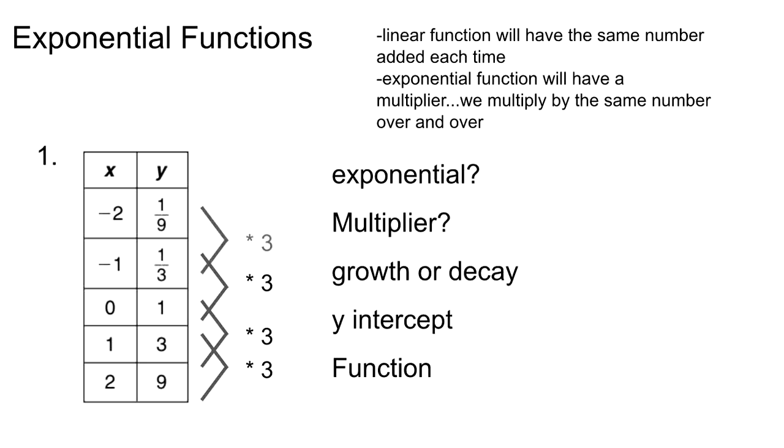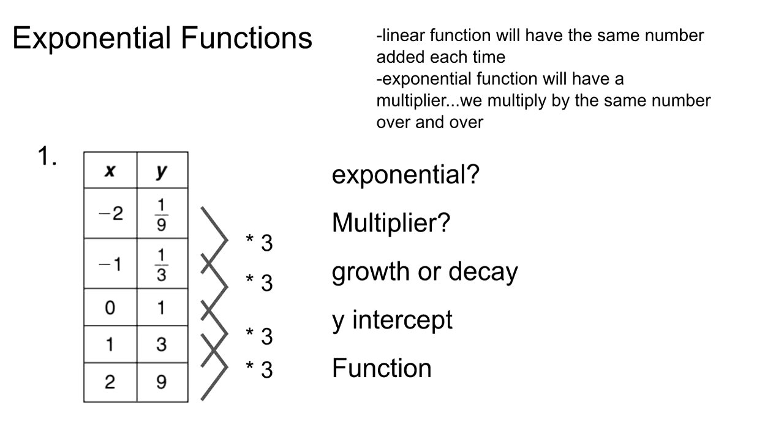And again, if I reverse it and go forwards, 1/9 times 3 is 1/3, and 1/3 times 3 is 1, and 1 times 3 is 3, and 3 times 3 is 9.